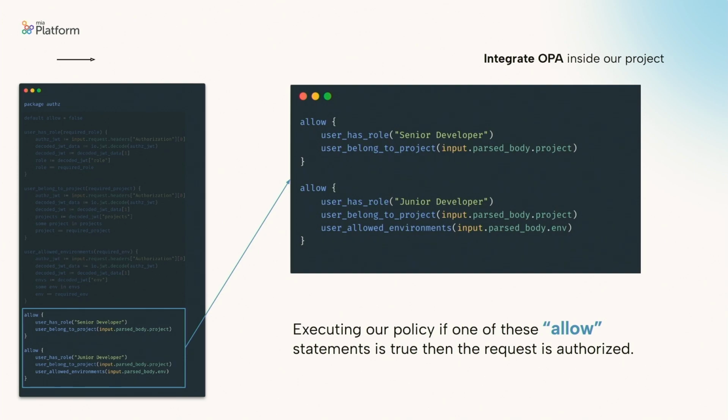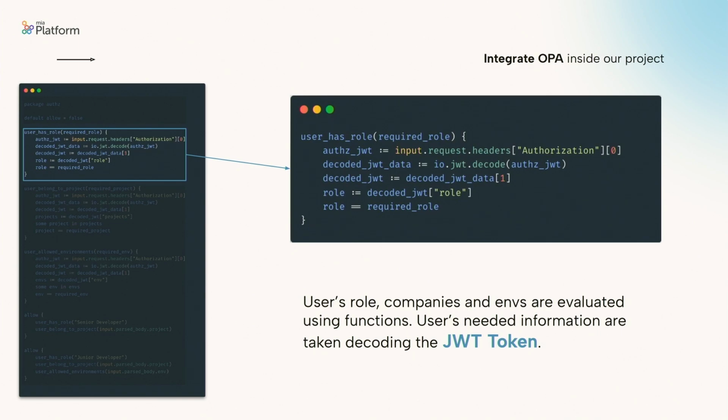Executing Rego policies means executing these allow statements, and to allow a specific request, you just need that one of these statements is true, so the request is authorized. And with Rego, you can define functions that you can reuse in your code.